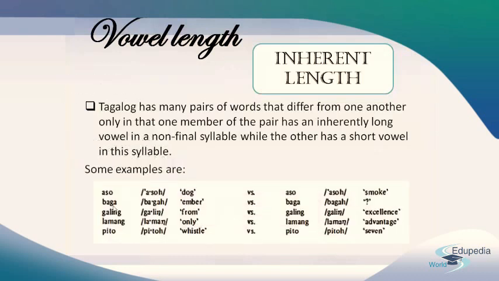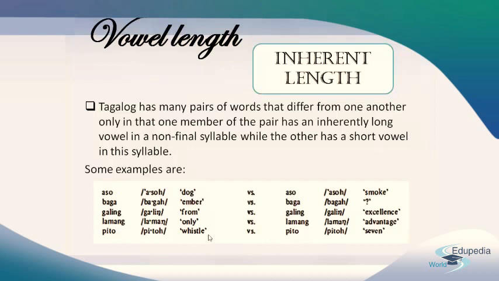Some examples we have here: aso, dog, versus aso, smoke; baga, ember, baga, question; galing, from, galing, excellent; lamang, only, lamang, advantage; pito, whistle, pito, seven.